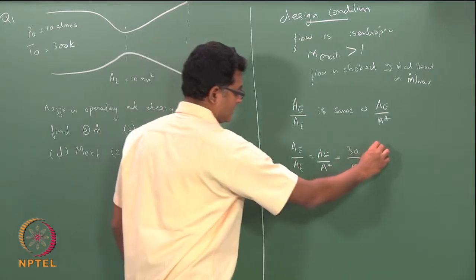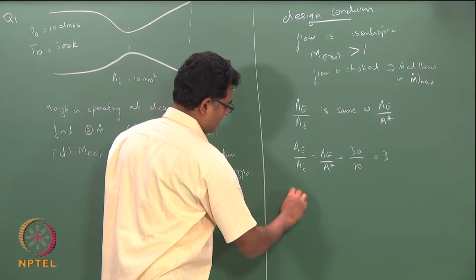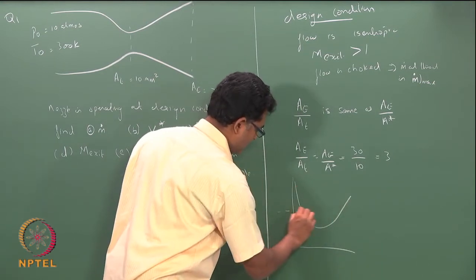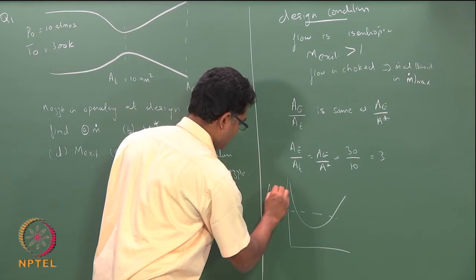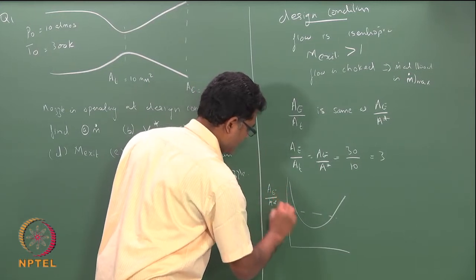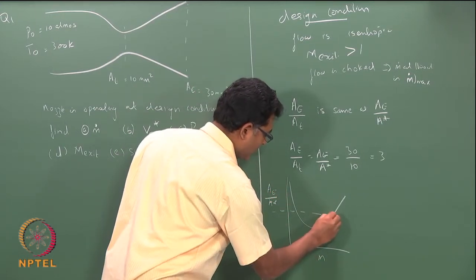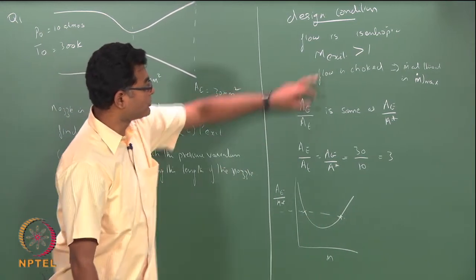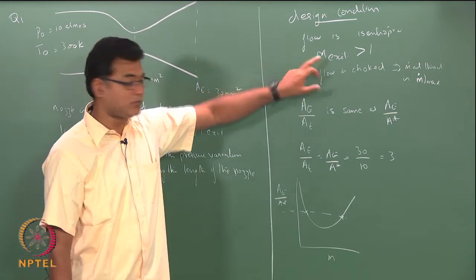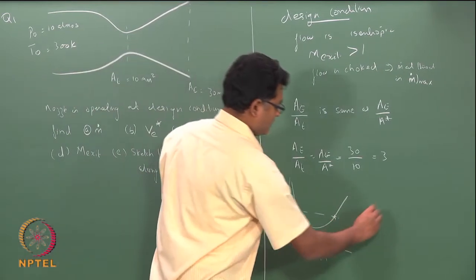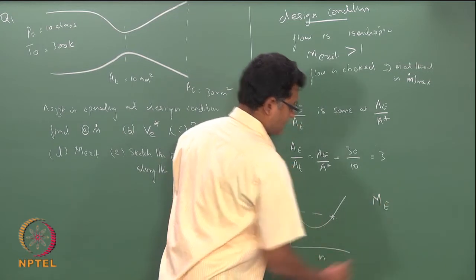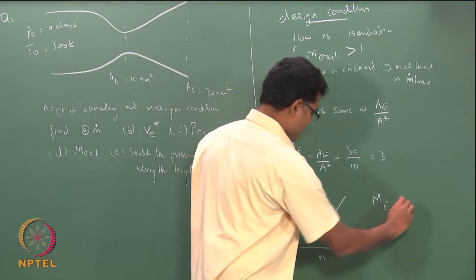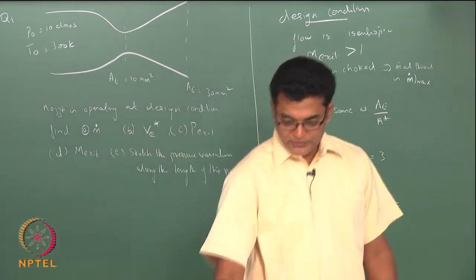So, for this A E by A star and Mach number, I have two solutions. Now, I also know that my exit Mach number is 1, so my M exit associated with this particular ratio is either the subsonic solution or the supersonic solution.